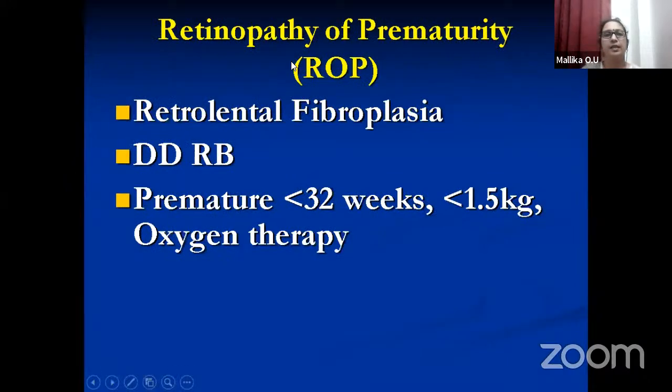Another condition that can lead on to white reflex in the pupillary area is retinopathy of prematurity. I included this topic because a few years back, this was asked as a 3-mark question.